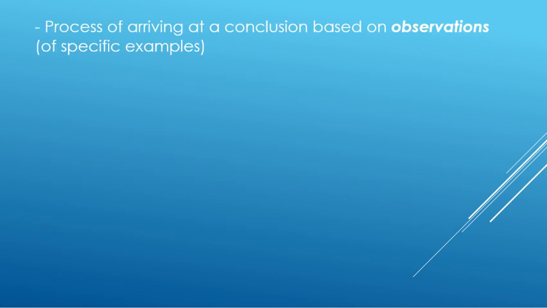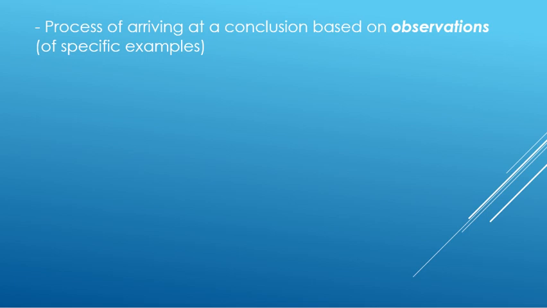So, inductive reasoning is the process of arriving at a conclusion based on observations, or more commonly in the world of mathematics, of specific sample problems that we see. But the key thing to think of when you hear inductive reasoning is observations.